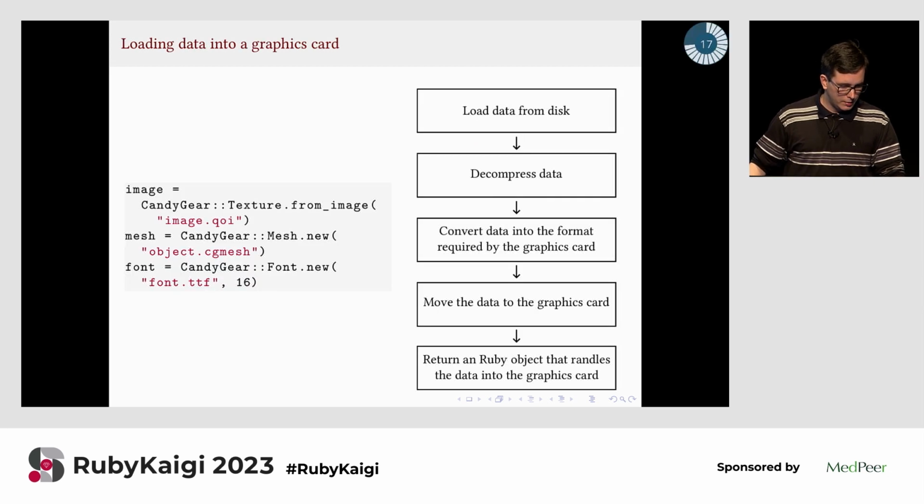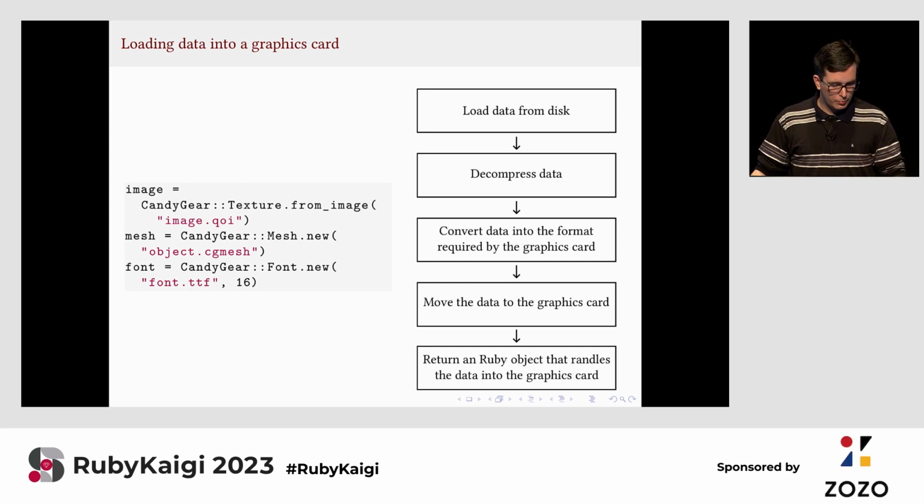Before we can attach data to the graphic pipeline, we need to load it. Usually it is compressed to save memory, so the game engine needs to decompress it, then convert it to the format required by the graphic card, and then move the data to the graphic card, because usually the graphic card has a different memory from the CPU.